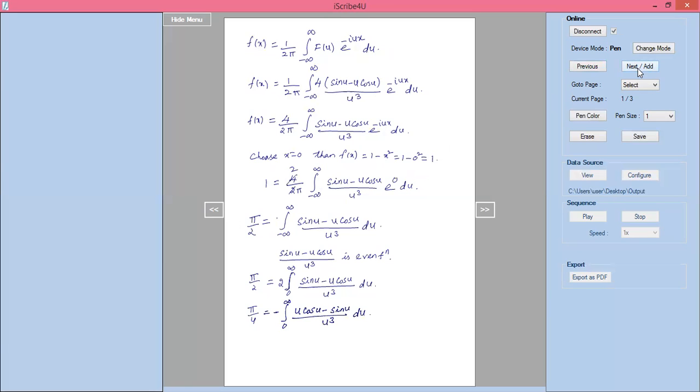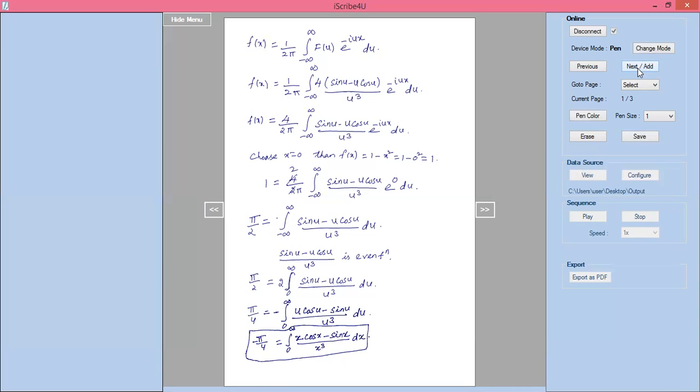This only I will write: minus pi by 4 equals integration of 0 to infinity, replacing u with x, x cos x minus sin x divided by x cube into dx, which is the required solution for the given equation. Minus pi by 4 equals integration of 0 to infinity x cos x minus sin x divided by x cube. I think you understood. Any doubts, you can ask.